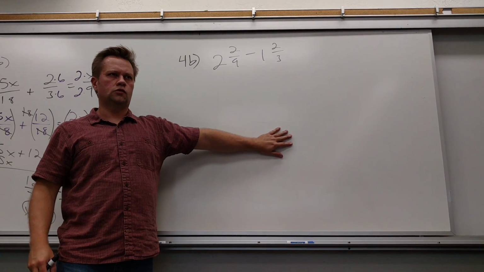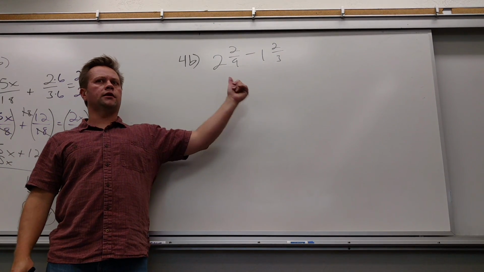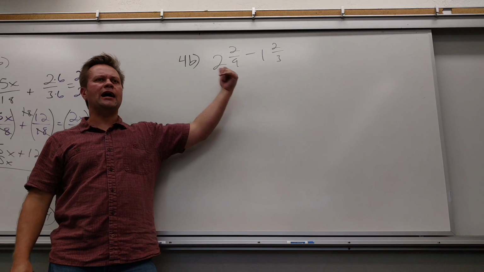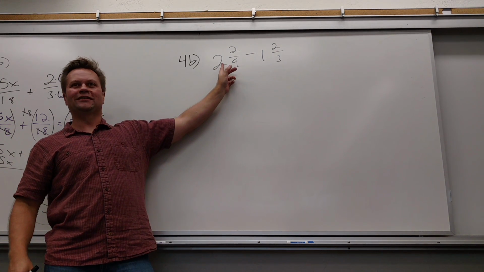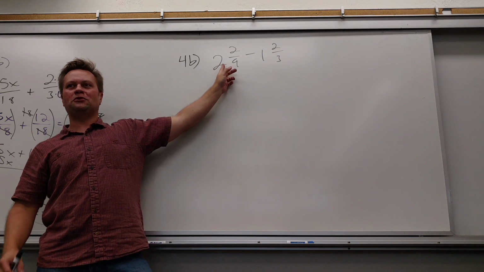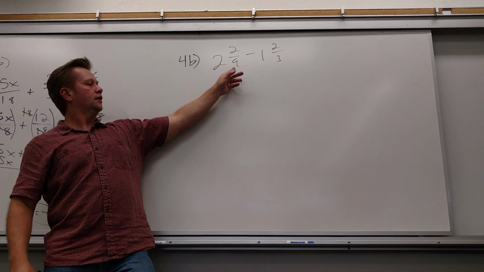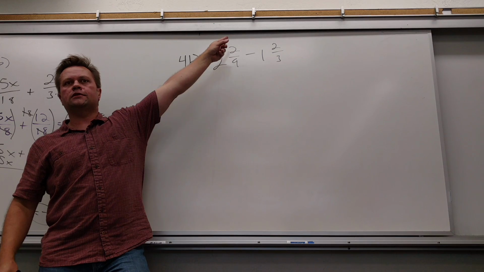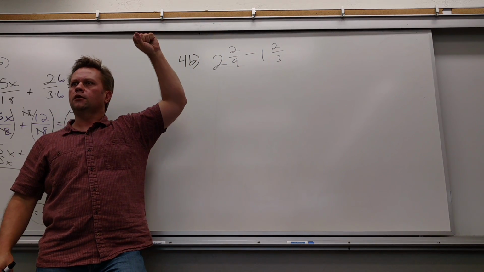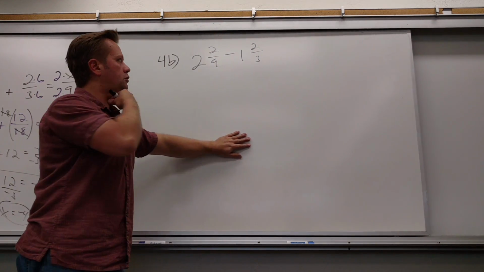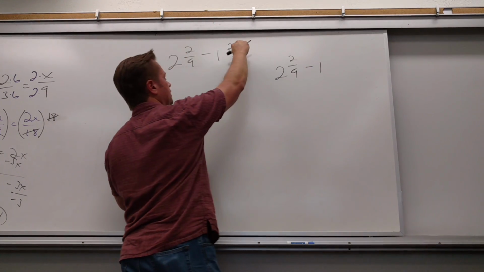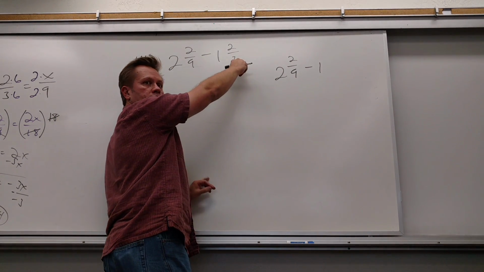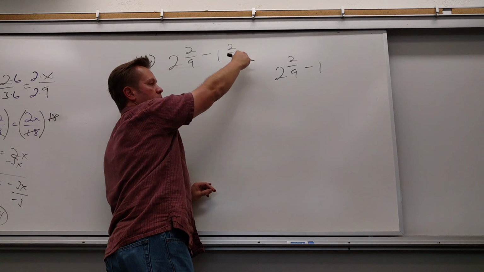So guys, there are other ways to do this problem, but I highly recommend that you change this to improper fractions. Real quick, if I try to do it this way, if I make this into 6 over 9, multiply by 3, multiply by 3, do you see that?